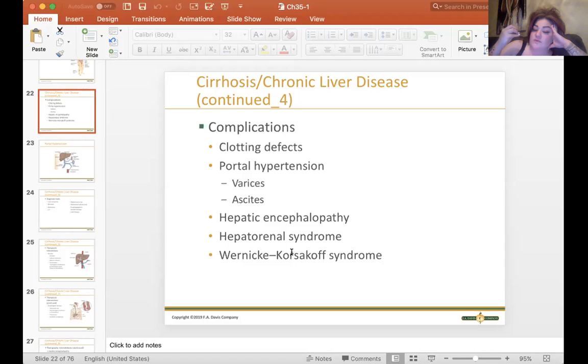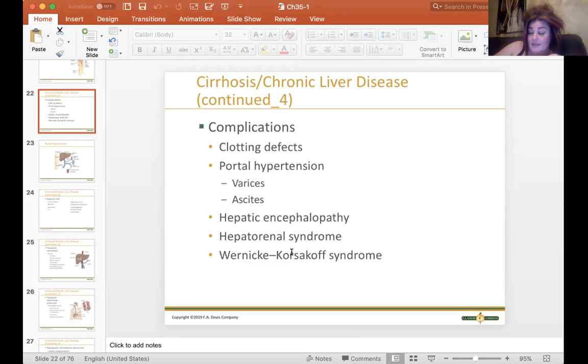With somebody who has issues with alcohol, I'm going to use alcohol just as the example, sometimes they're replacing their calories with alcohol, so they're not eating and not getting enough vitamin B1. Thiamine is extremely important for brain function, and a lack of it can cause permanent brain damage. It's a spectrum, of course, depending on where you are on that spectrum.